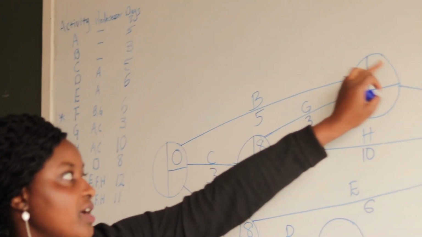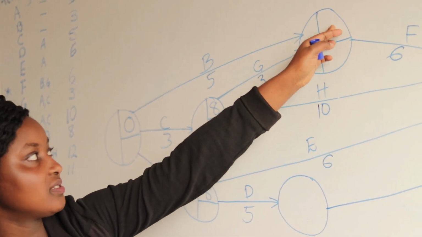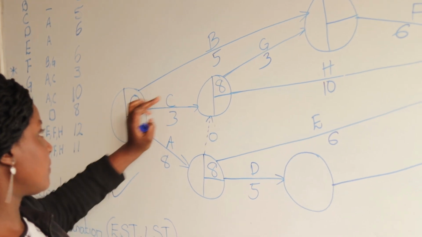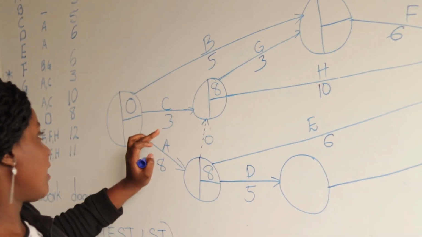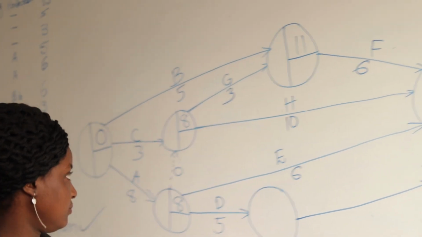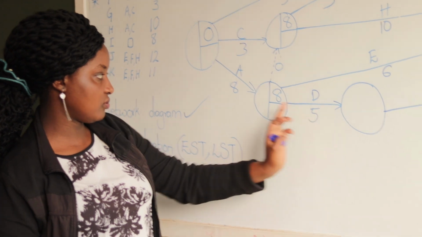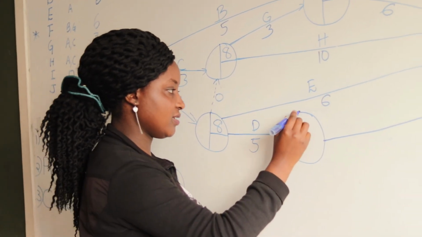Then we go to this one. We have two arrows. That means we have two ways of finding this upper quarter, which is 0 plus 5 giving us 5 and 8 plus 3 giving us 11. So we'll pick 11. Then for this one, we have only one arrow, so it will be 8 plus 5 giving us 13.